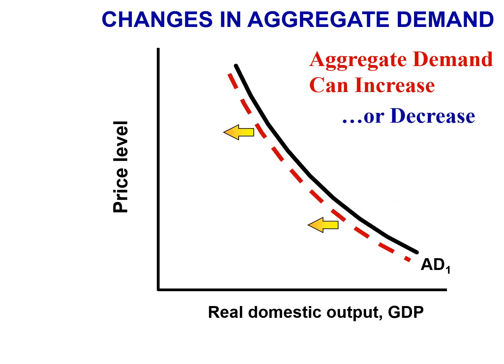And likewise, there will be factors that decrease aggregate demand, shift the aggregate demand curve to the left. Both increases and decreases in aggregate demand will ultimately have significant impact on our three macroeconomic variables: GDP, unemployment, and inflation.